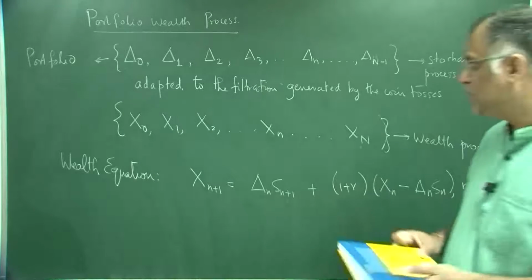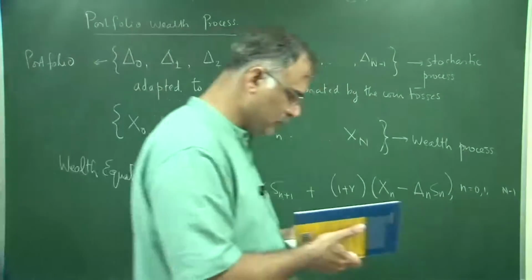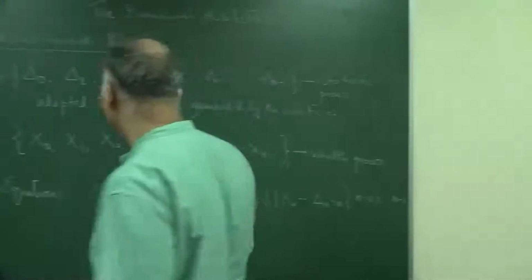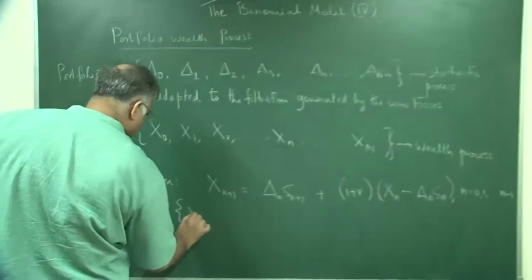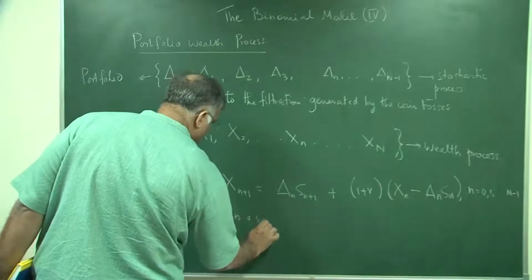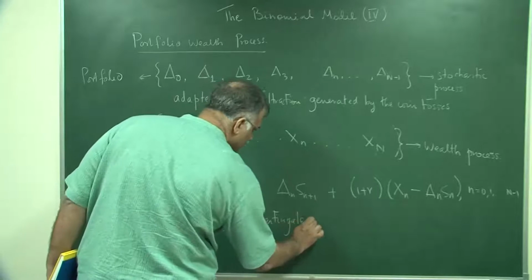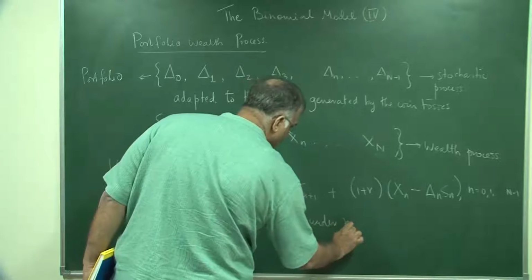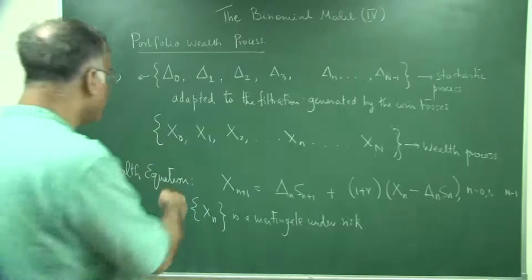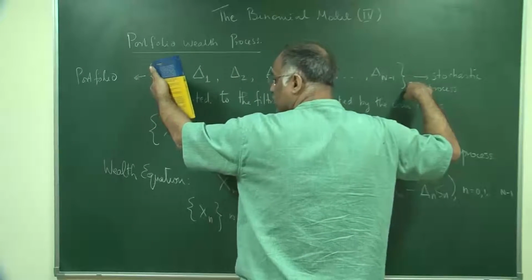So, now we are going to show that under the risk neutral probability Xn is a martingale. So, this is my wealth process, Xn is a martingale under risk neutral probability. These are very important information about the behavior of these processes, because when you have n period models, we are generating a finite time stochastic process.